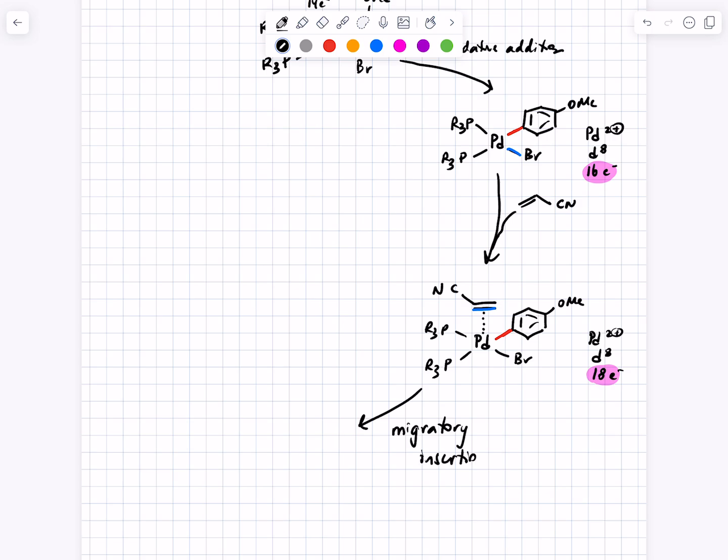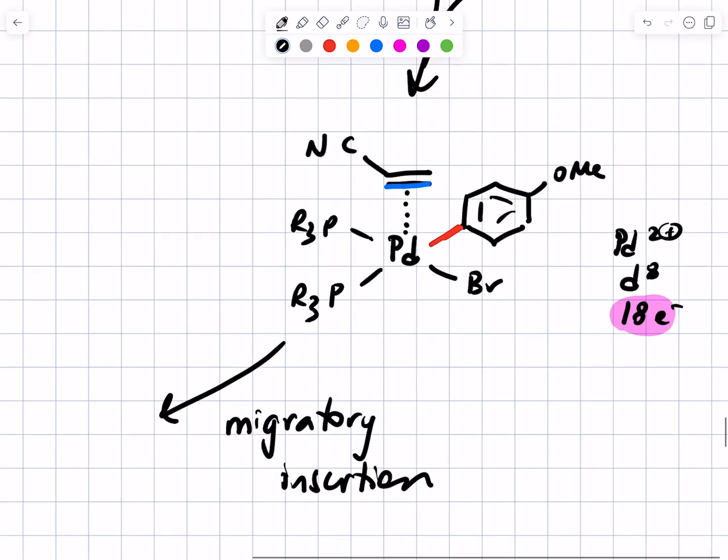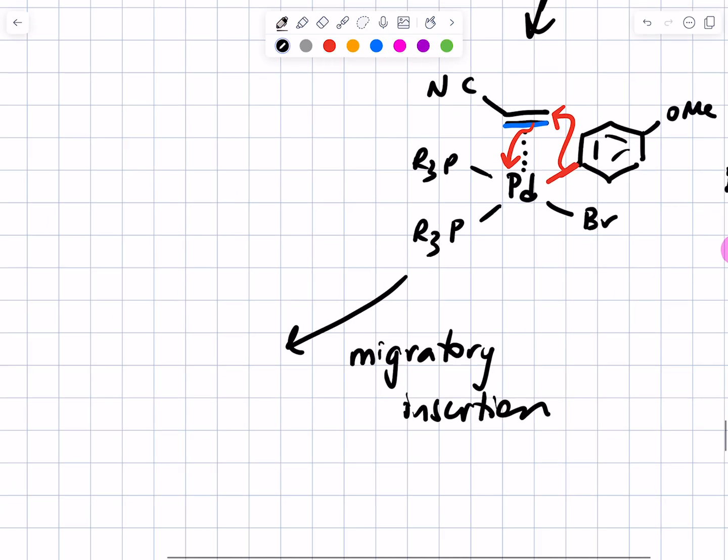This is called migratory insertion, which is kind of crazy. What happens is the bond between carbon and palladium migrates here to form a new carbon-carbon bond, and then the blue electrons in the pi bond actually go to form a sigma bond between this carbon and palladium.